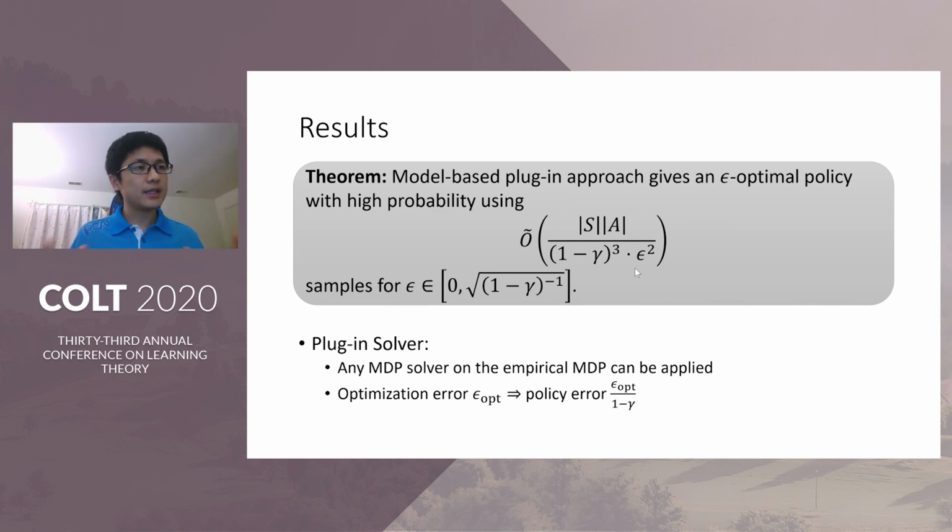In particular, this theorem applies to any plug-in solver. For instance, you can apply policy iteration or value iteration. So there's no requirement on the solver of the empirical Markov decision process. Also, even if the solver is approximate, saying that you have some amount of optimization error, the optimization error does not affect the final accuracy by much. It is only affected by a 1 over (1 minus gamma) factor.